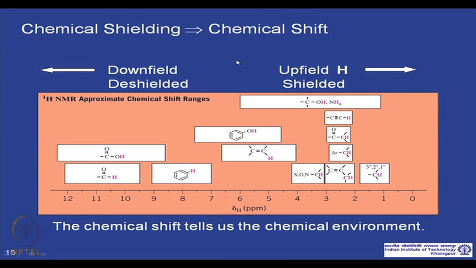Now, we know that in a molecule not every nucleus experiences the same amount of external field. Basically, surrounding a nucleus there are electron clouds which shield some of the applied external magnetic field, and the more the shielding, the less is the effective external magnetic field the nucleus experiences.